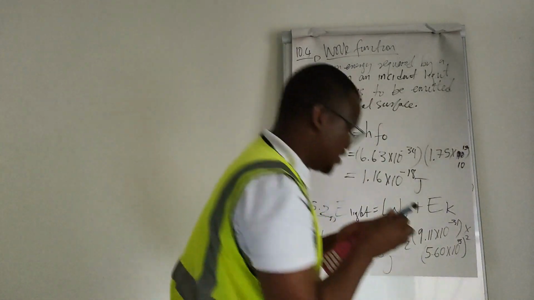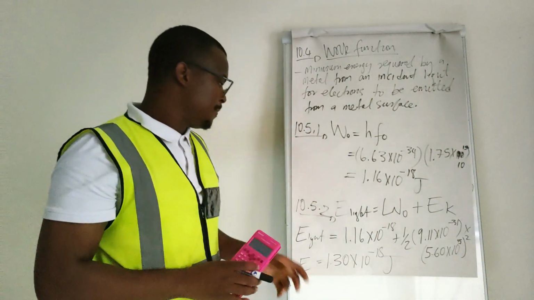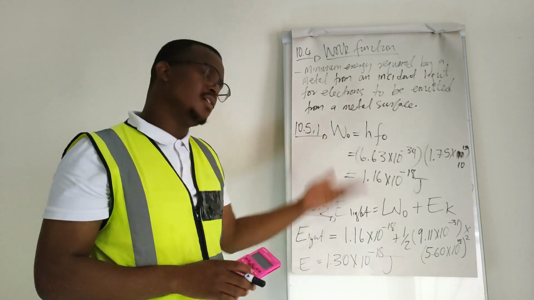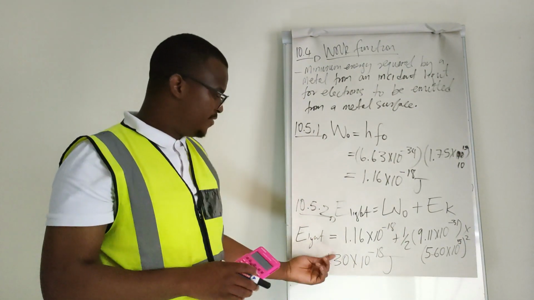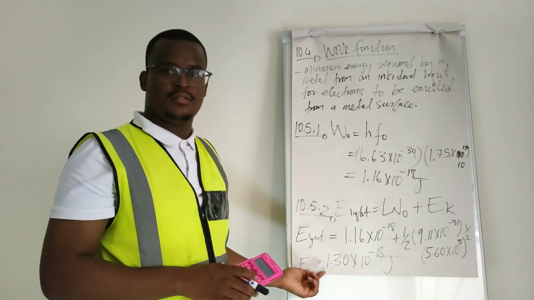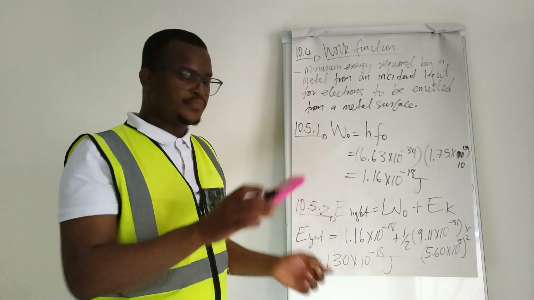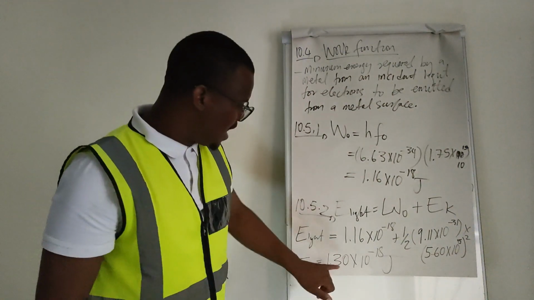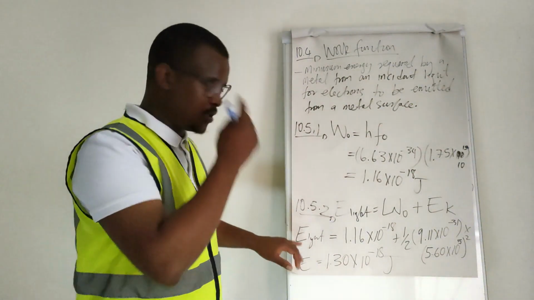So the incident light must have this energy. But what do they want? The frequency. So the incident light has this energy, but they want the frequency.